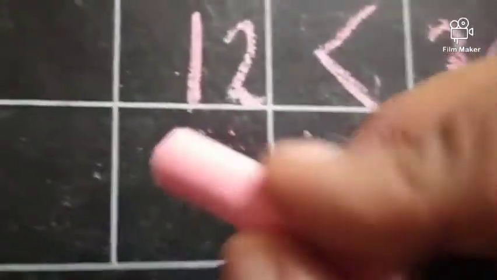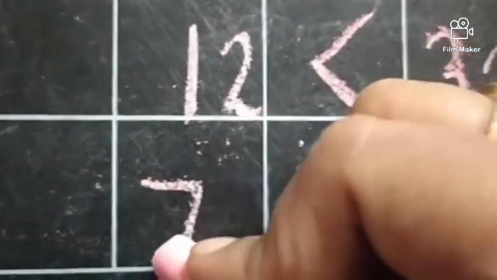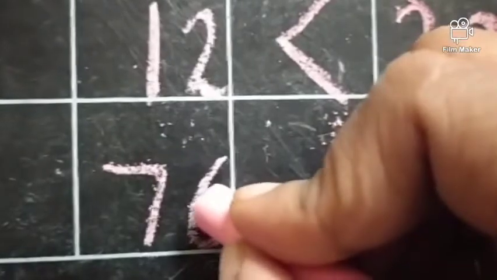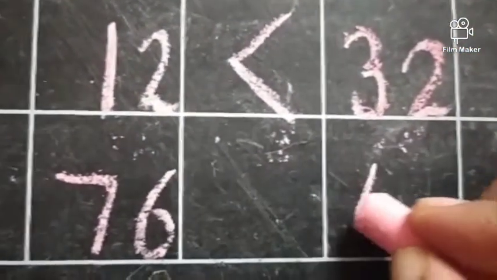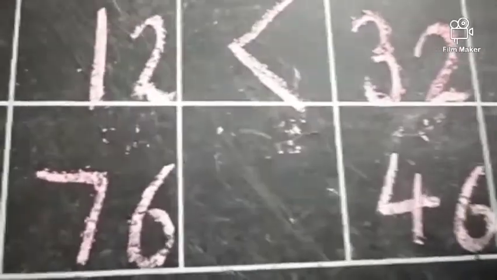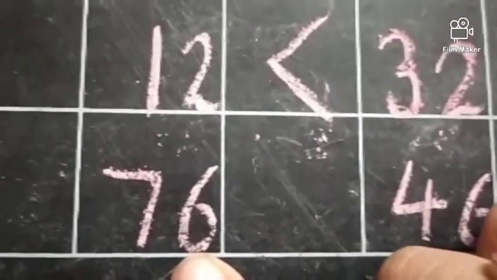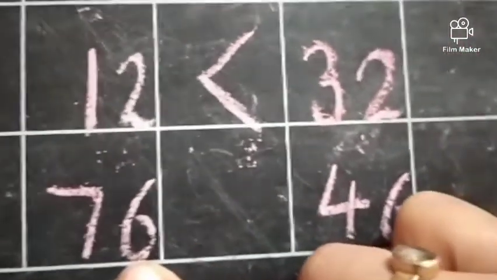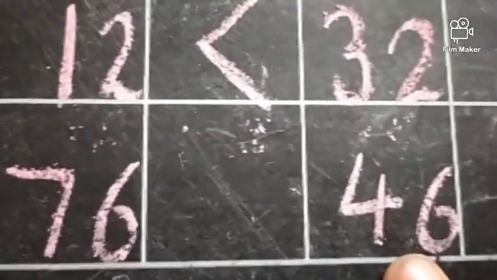Now I am giving one for you all. Here 76, and here 46. Now you tell me which sign will come, greater than or lesser than. Which number is this? 76. And which number is this? 46. Now tell me which sign will come.